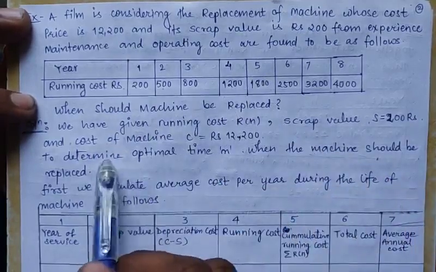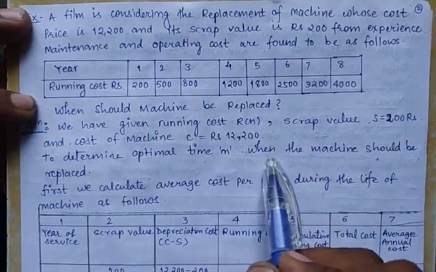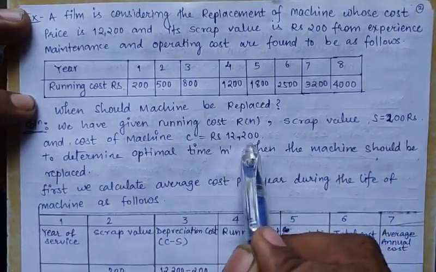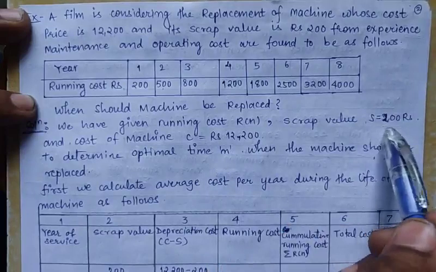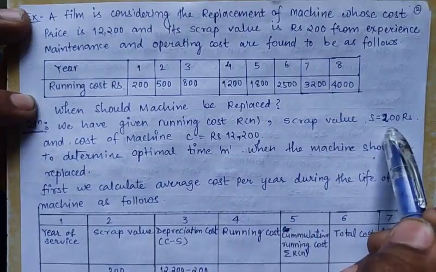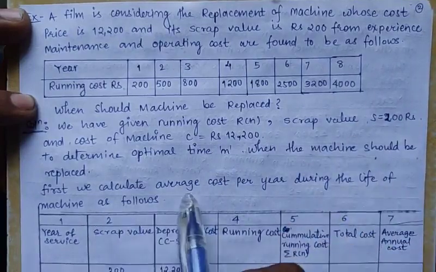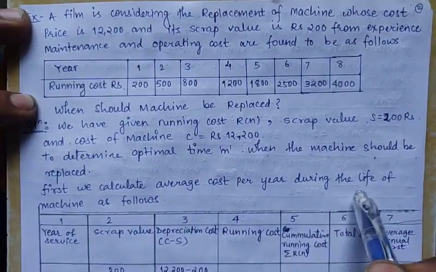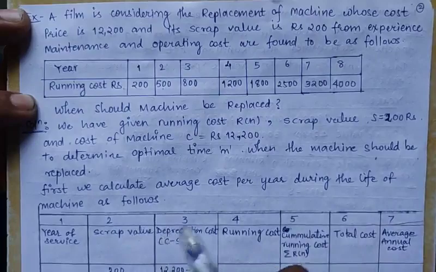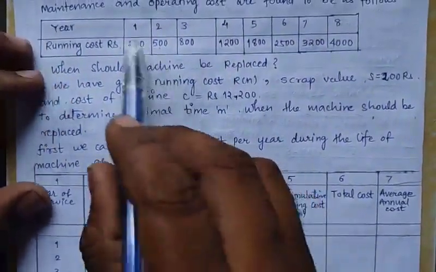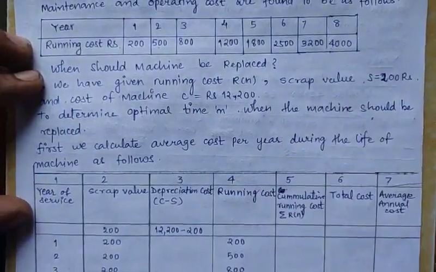Now let's determine the optimal time n when the machine should be replaced. We have given the cost of the machine as 12,200, and the resale value or scrap value or salvage value as 200. First we calculate the average cost per year during the life of the machine as follows. There are 8 years in total, so make the chart.